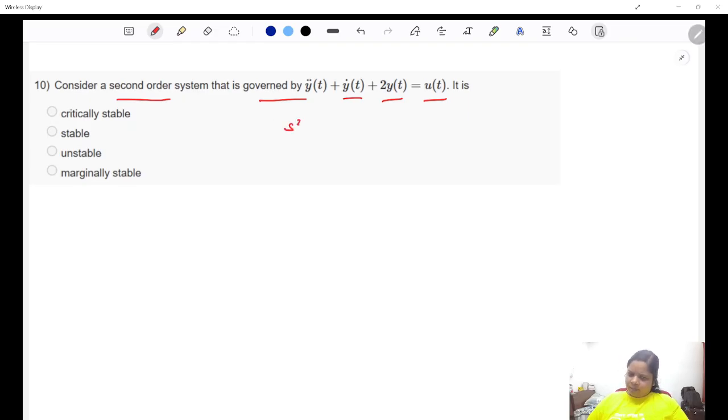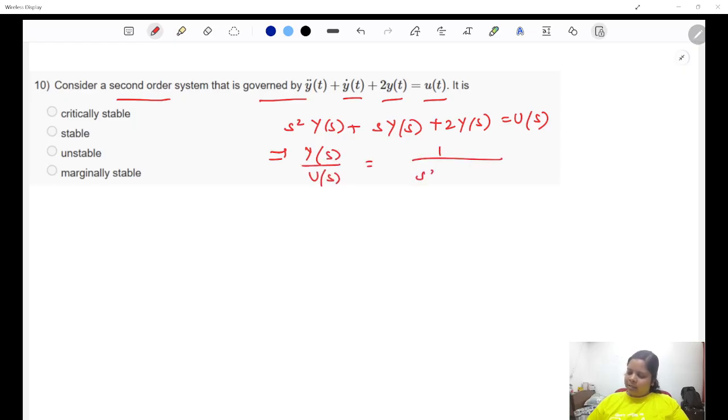It would be s square Y(s) plus sY(s) plus 2Y(s) is equal to U(s). So from here, Y(s) upon U(s) is 1 upon s square plus s plus 2. We want to know if it is stable, if it is unstable, or what is the situation over there.